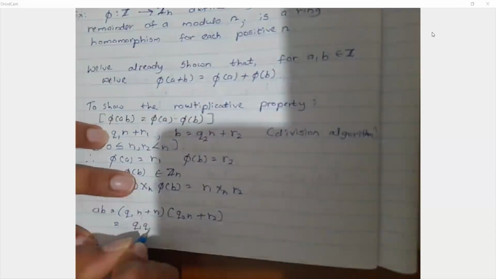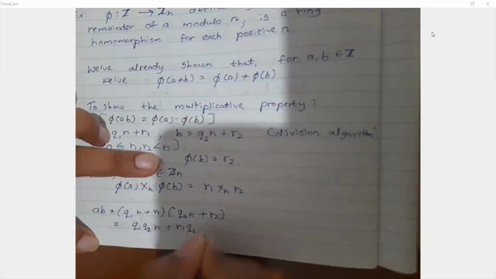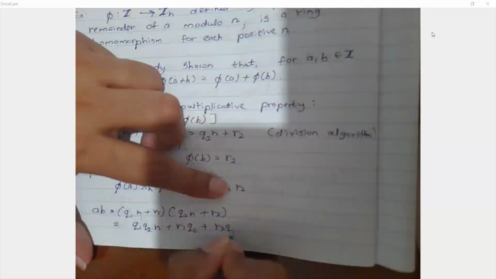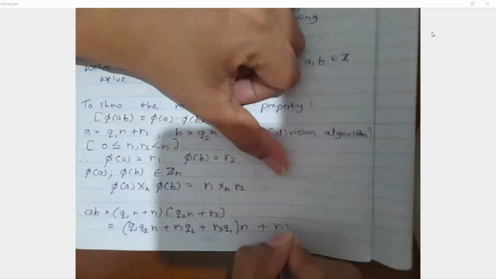When you take the product, from the first term we've got q1, q2, n squared, so I'll retain one n, r1 q2 plus r2 q1 times n, and this last number r1, r2. So when you now observe a and b, the product gives you a multiple of n plus a number r1 r2.